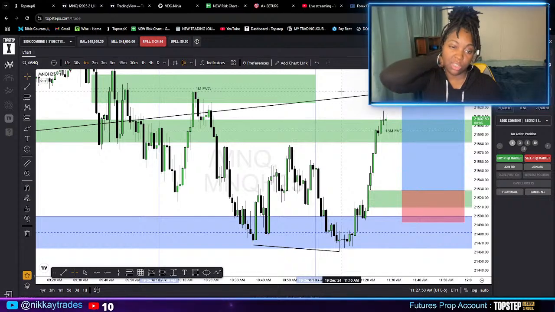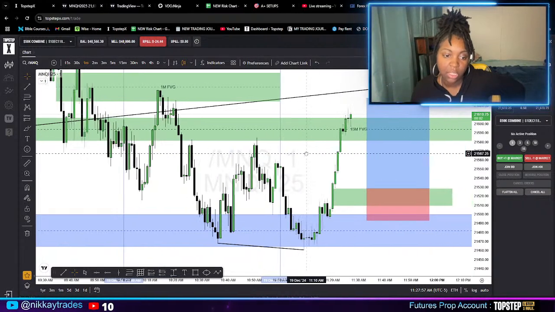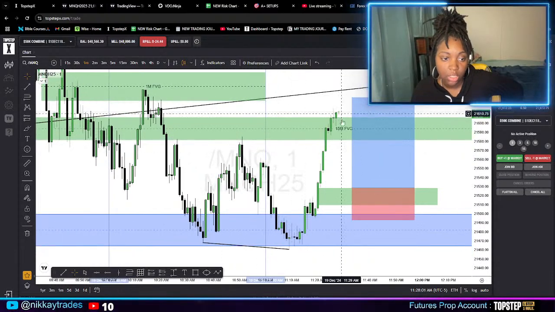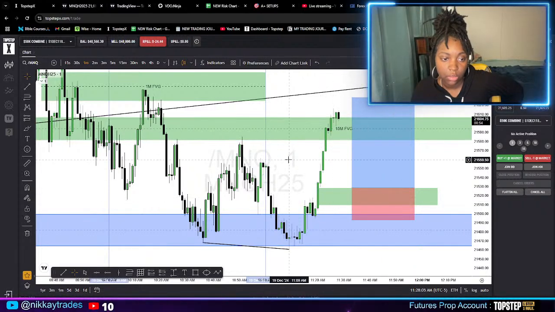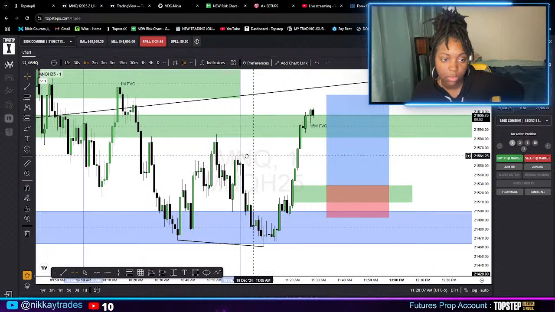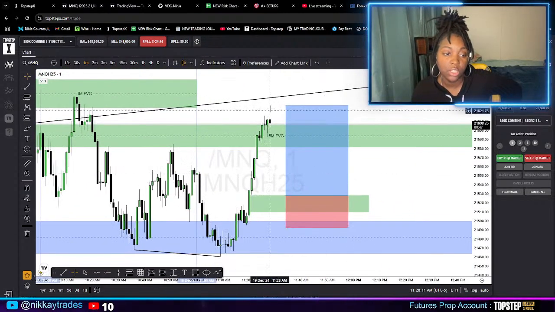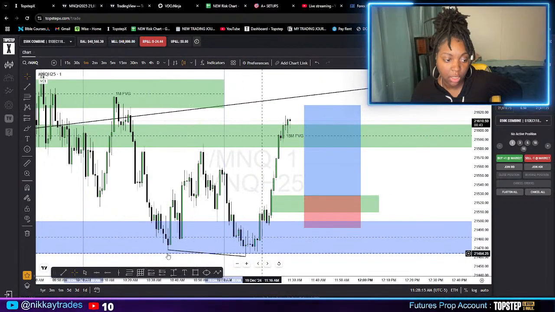I trade from 10 to 11, so that's it. But I do see this displacement right here. I do see it took this high, so it can definitely come back and tap into this right here. Now, if it'll do that, I don't know. It can just keep going up, but this is what I see.